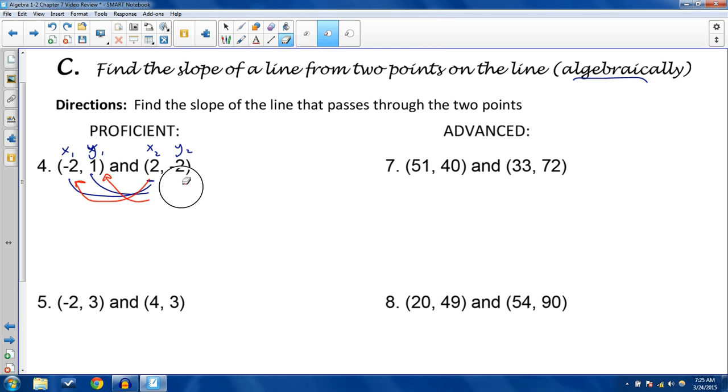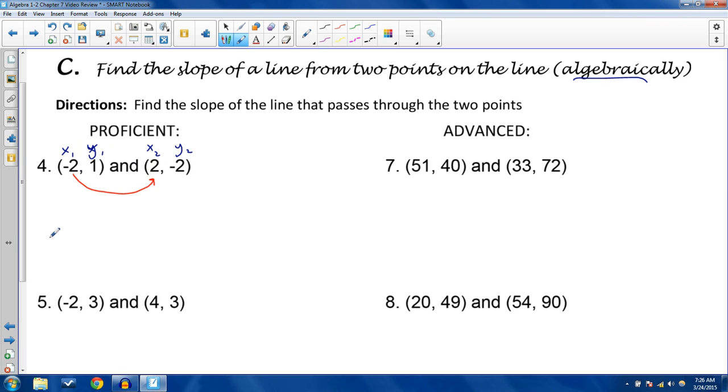It's easier for me to just look at which x is smaller and which one's bigger. Because I want to say, how much do I run from -2 to 2? What's the distance between -2 and 2?